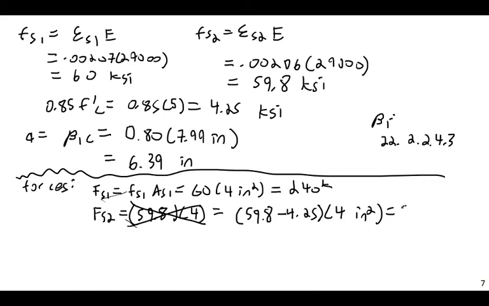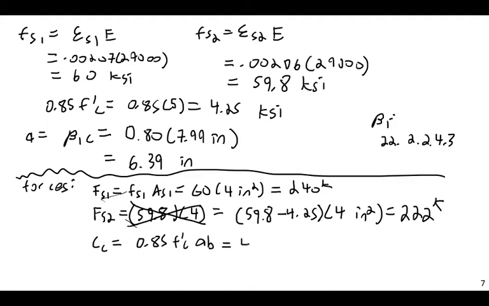Anyway, politics. 222 kips. So this will come to 222 kips, and then the force in the concrete is going to be 0.85 f'c times a times b.